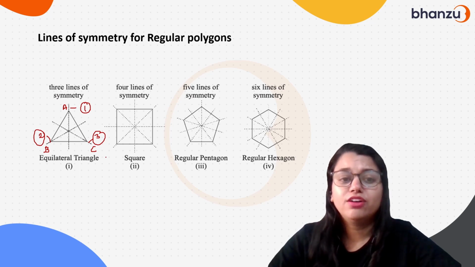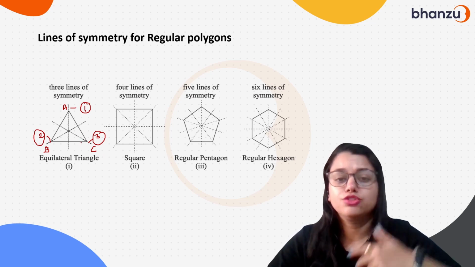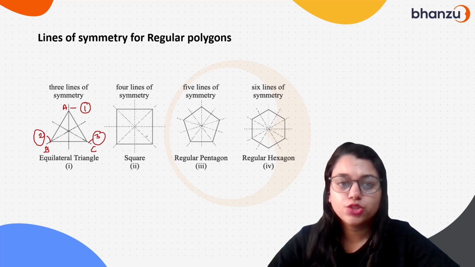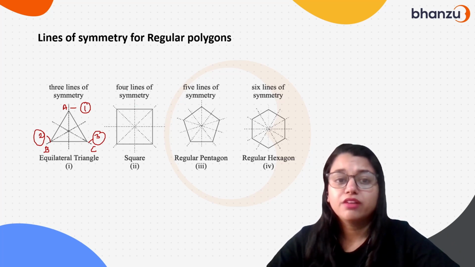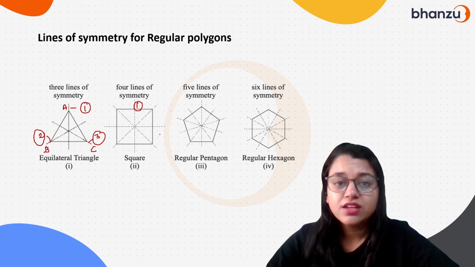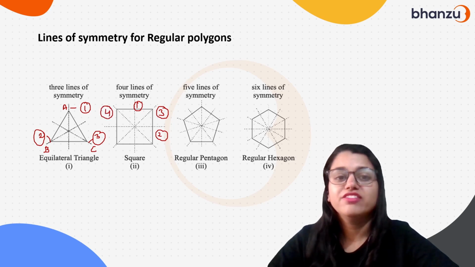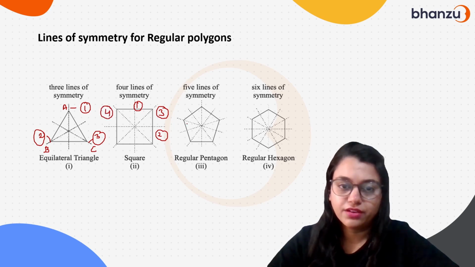These lines of symmetry divide the triangle into 2 equal halves. Similarly, in the case of a square, you can see that there are 4 lines of symmetry. What are these 4 lines? One is this vertical line, second is this horizontal line, and the other 2 lines are the diagonals of the square, right? So we have 4 lines of symmetry here.